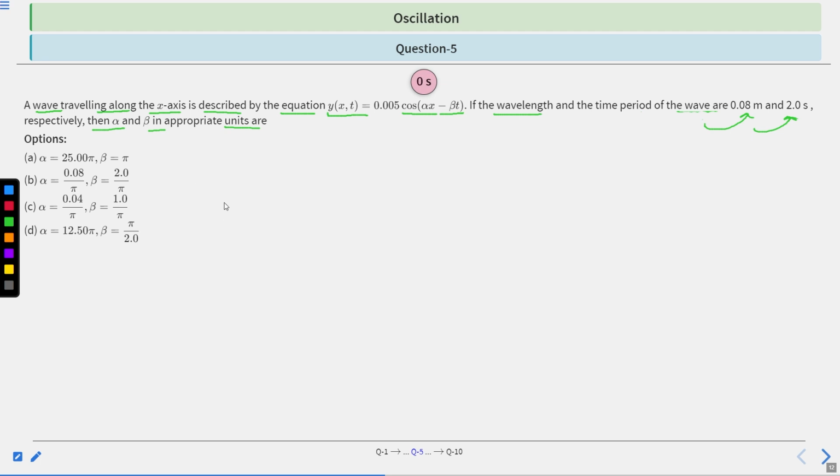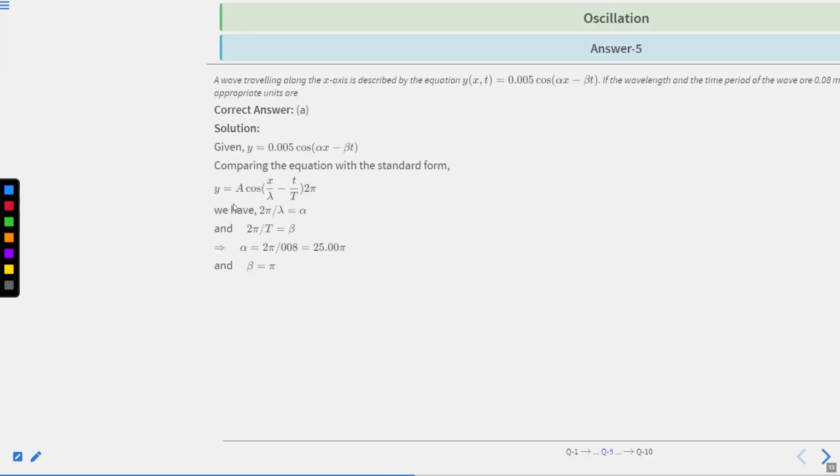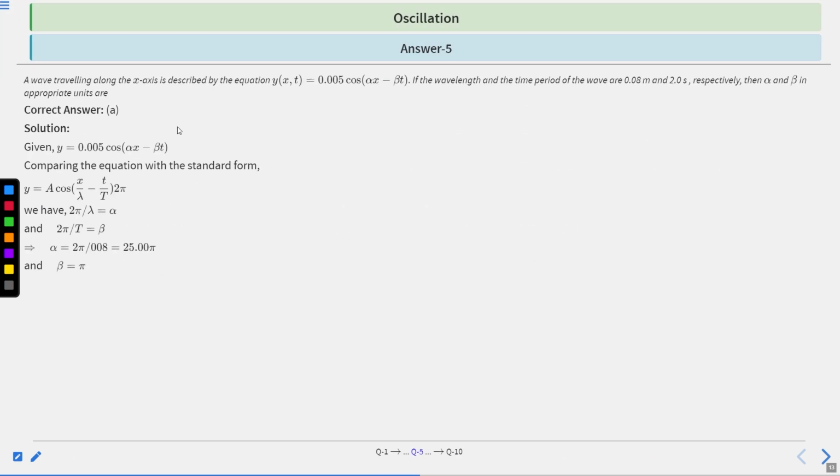Let's find the solution. The given equation is y equal to 0.05 cos alpha x minus beta t.